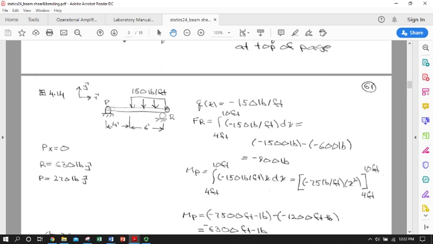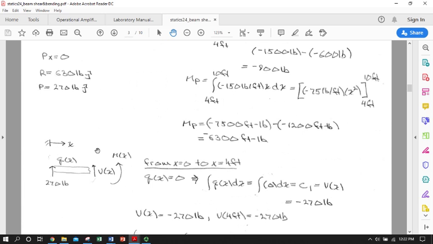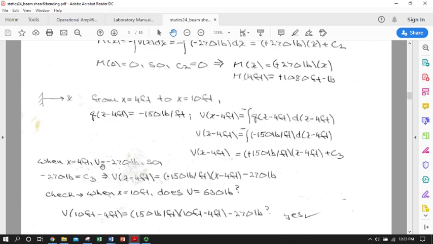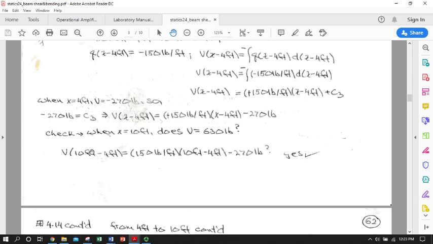By the time I get out here there is no remaining right hand side to provide that upward V sub x, so the support needs to take the place of the right hand side, which is no longer there. If I put in 10 feet and solve, I do get the positive 630 pounds. So that's a good check.